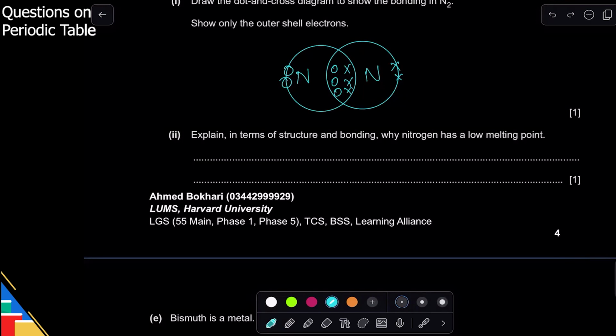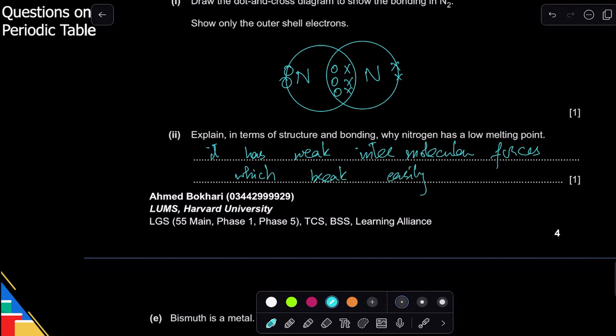Melting point, density, soft or hard hona, all those properties depend on intermolecular forces. So that's what we'll say, that it has weak intermolecular forces which break easily.